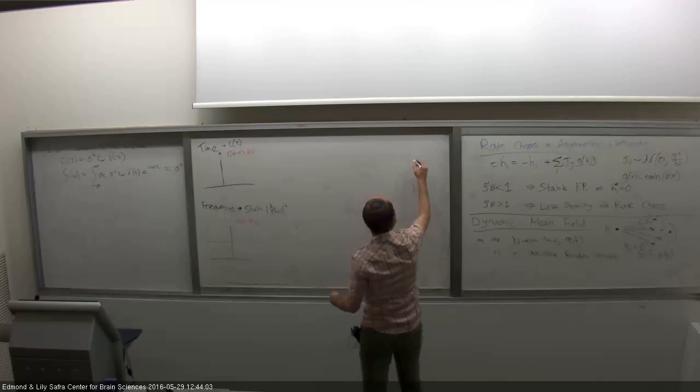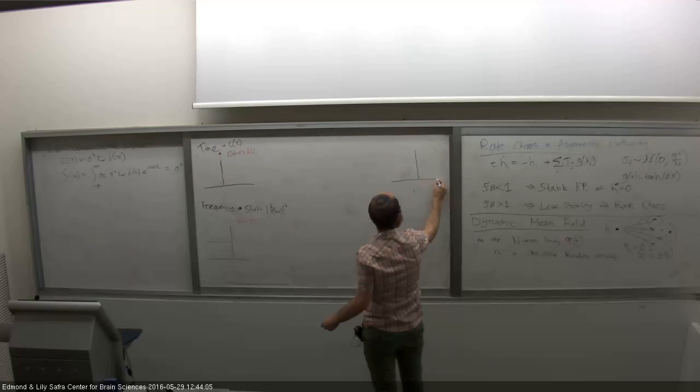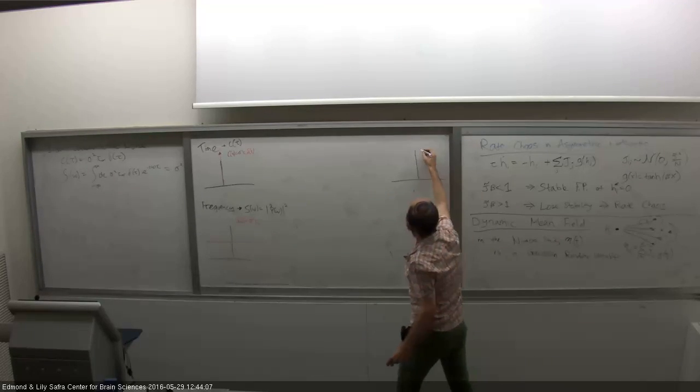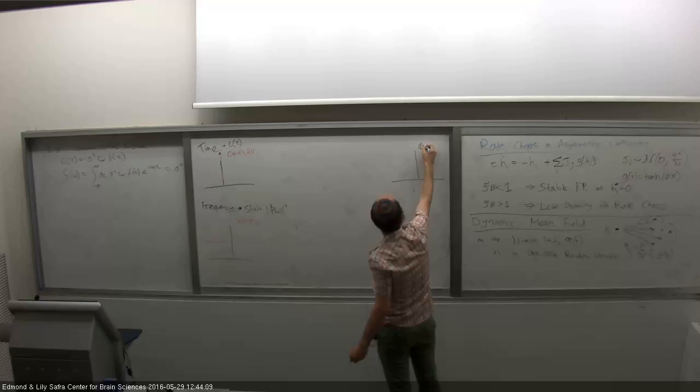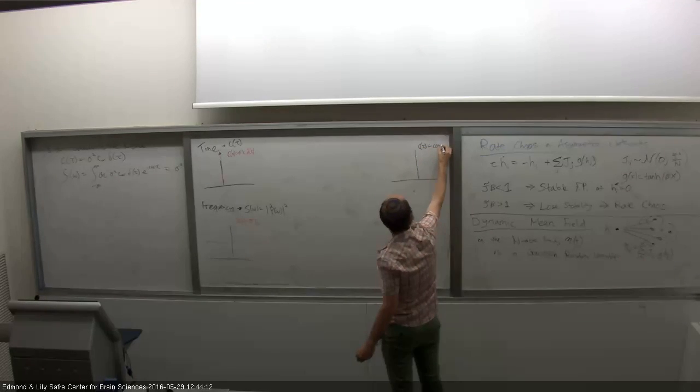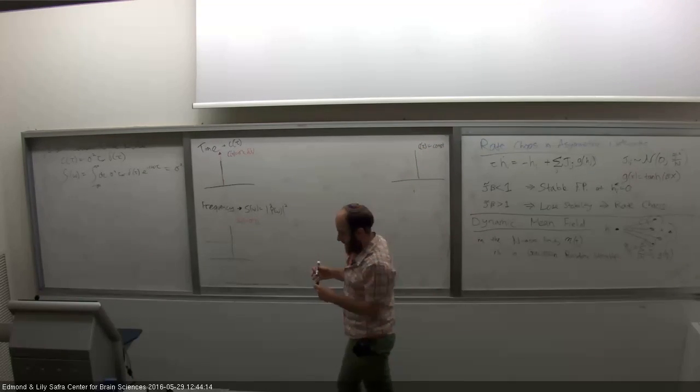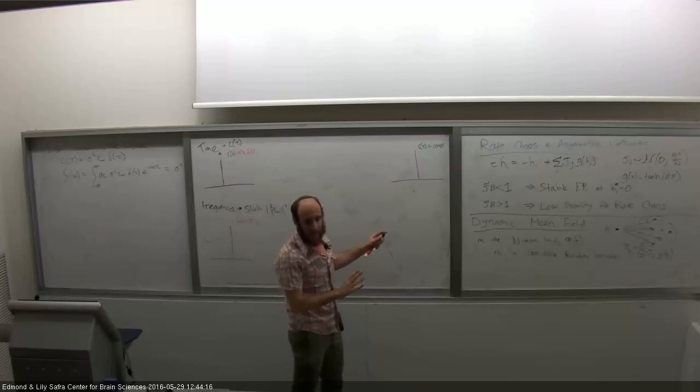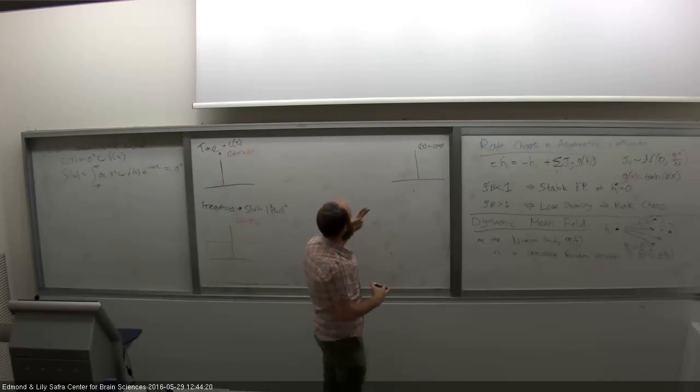Let's look at the far side over here. Suppose that we had C of tau constant. Now, in the way I set things up here, the only constant it could be is 0.